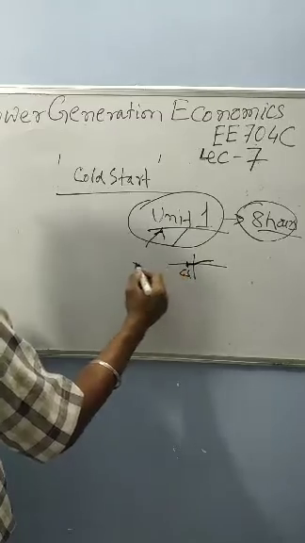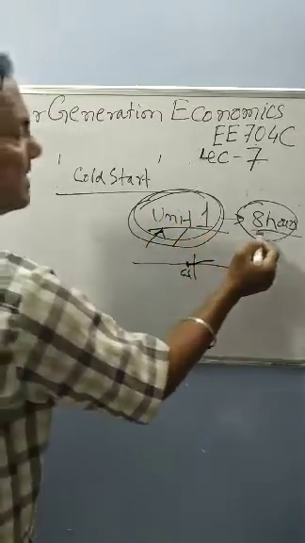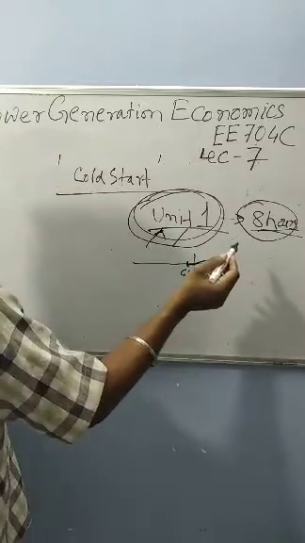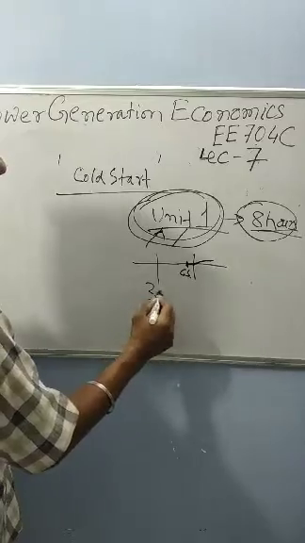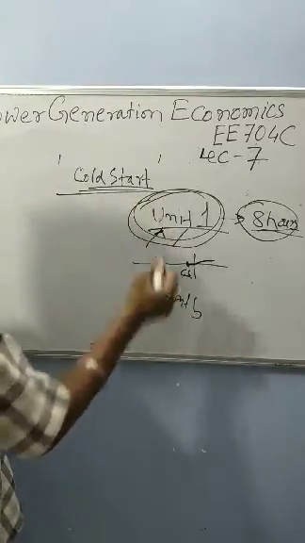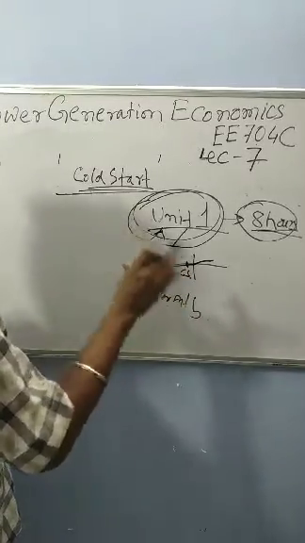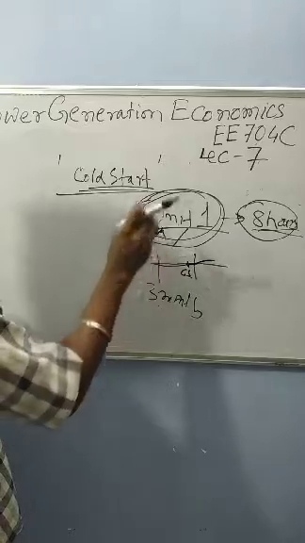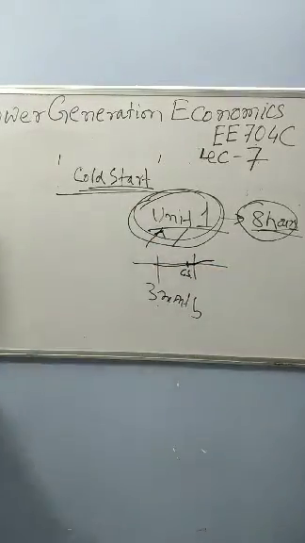If the minimum downtime is 8 hours and we are operating it after 3 months, the unit has cooled far from its operating point, and we have to give some energy to the unit so that it can be started. That is the meaning of the cold start.